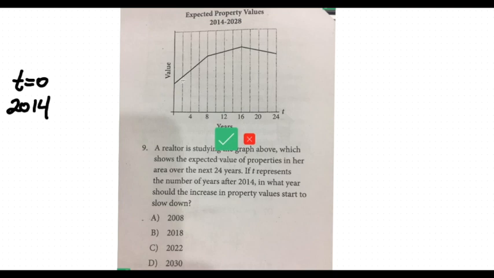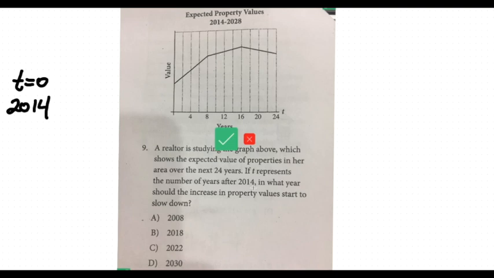Now, this line is steeper than this line. So therefore, this line would show a more rapid increase, whereas this line, it's less steep, it will show a slow increase, right? Or a gradual increase. So you are increasing, yes, but it's beginning to slow down. So right here is the line that you should focus on.